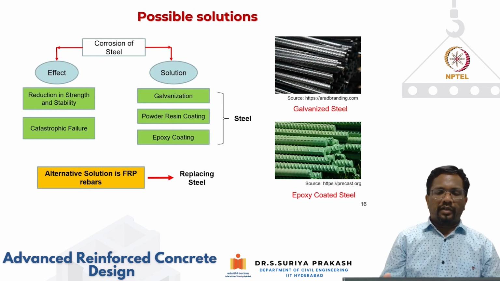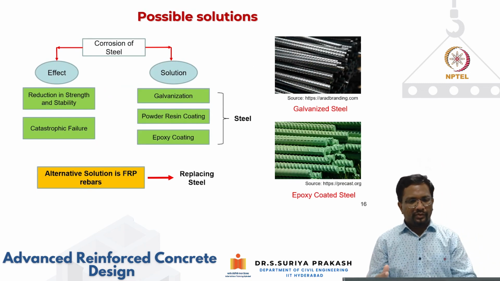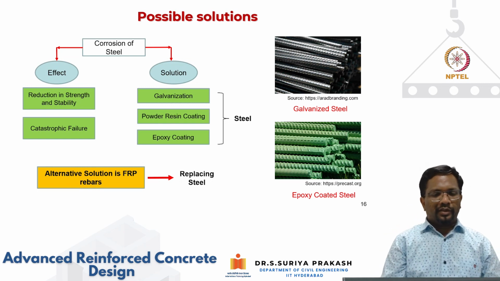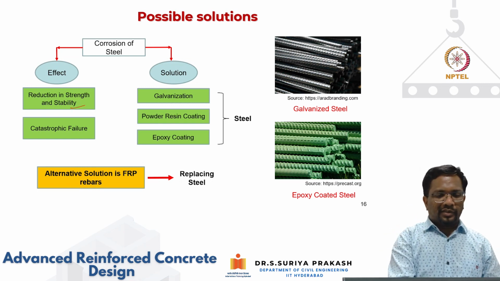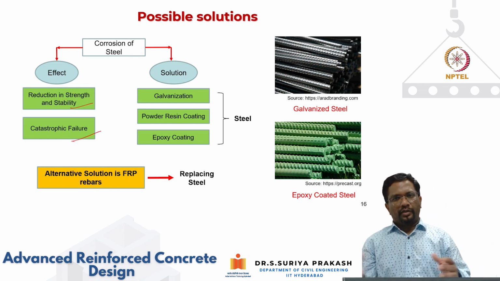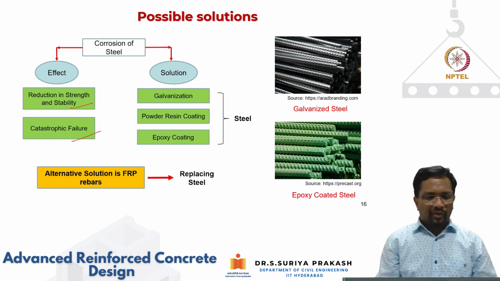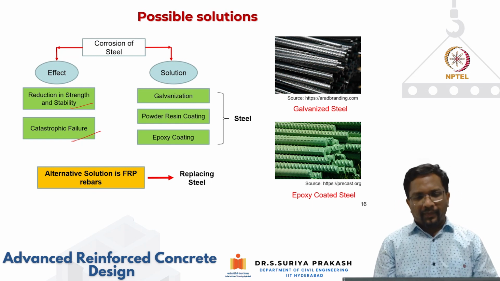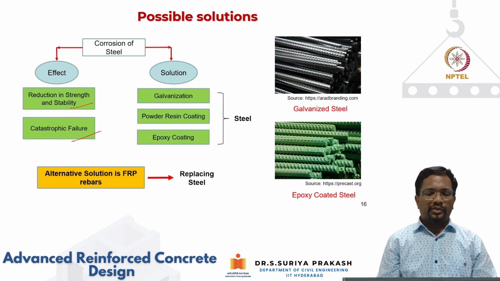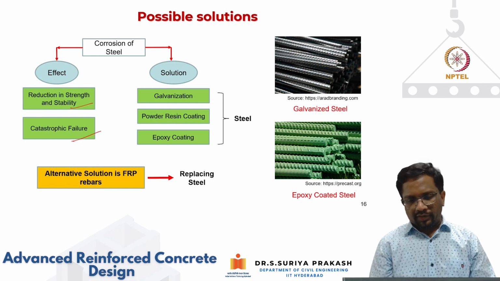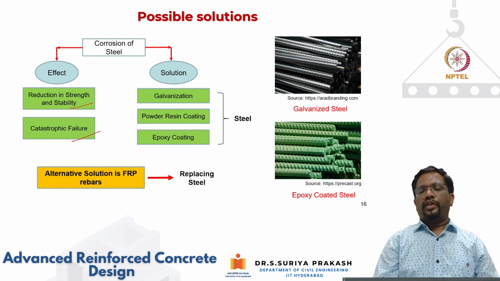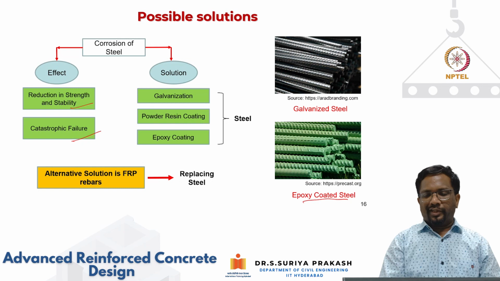Now we can tackle the corrosion in multiple ways. The major effect of corrosion is the reduction in strength and stability, and it can lead to catastrophic failure. The ductility associated with steel can be lost. The solution to address this corrosion is either galvanization or some kind of resin coating that we can apply, like this epoxy coated steel rebar.